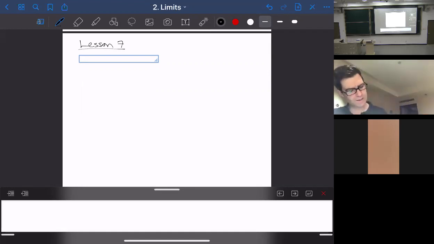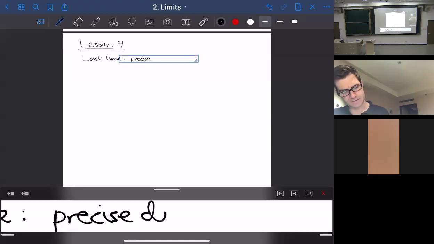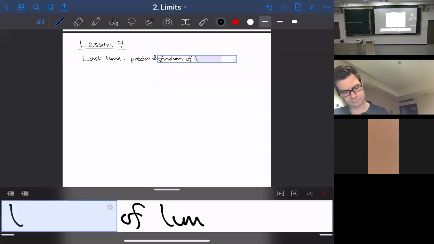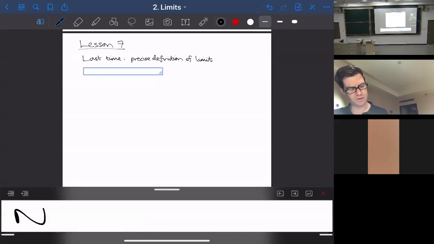Okay, we continue from the last time. We gave a precise definition of limit. So note, this definition can be confusing.